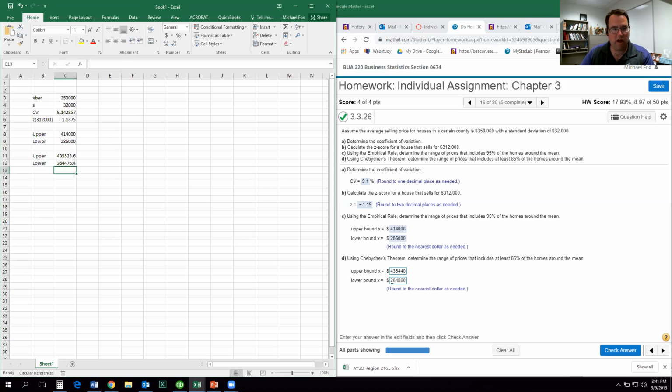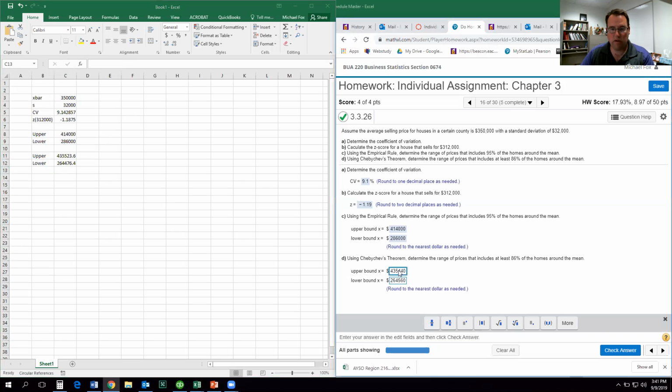And so now we have our upper bound as 435,524. And our lower bound as 264,476.